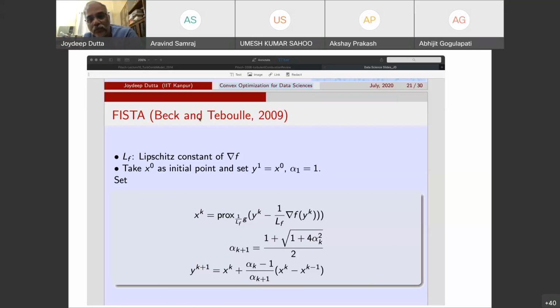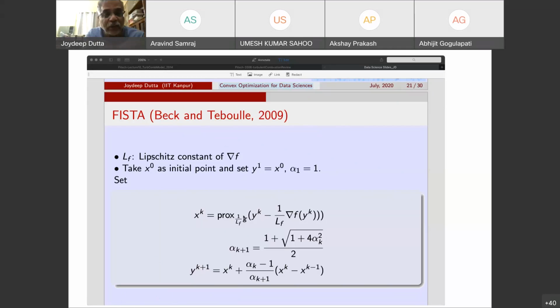Once you do it, you know x1 and you also know x0, which is y1 actually here. So from that you compute y2. Then go back again: you have not got x2, you have just completed x1. So from x1 to x2 you are going through a different step, by computing the y's.